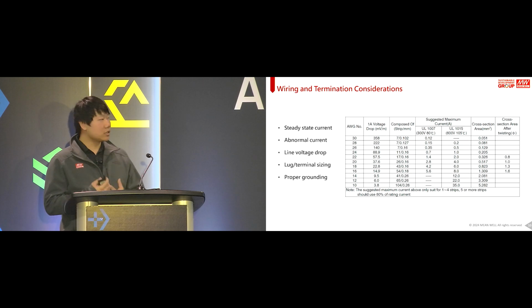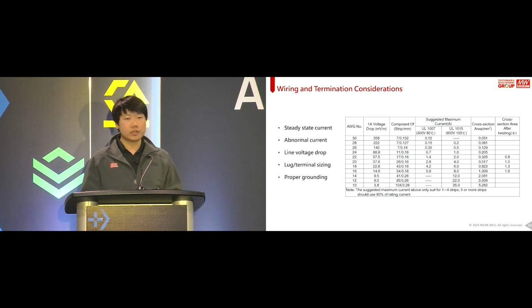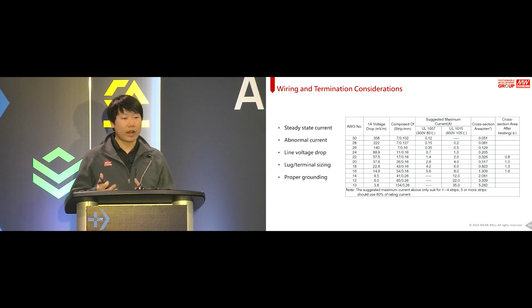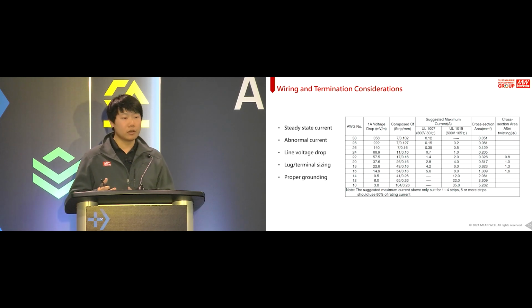Another electrical consideration is the wiring and termination. For wiring and termination, customers need to consider the steady state current. They typically size the wiring gauge, or the bus bar size, based on the steady state current. However, an oftentimes overlooked consideration is the abnormal current.